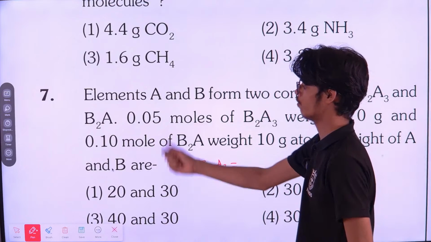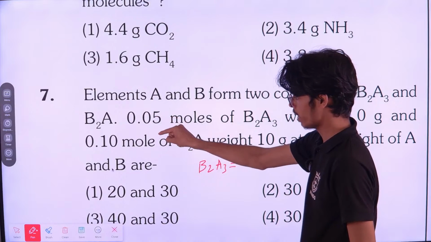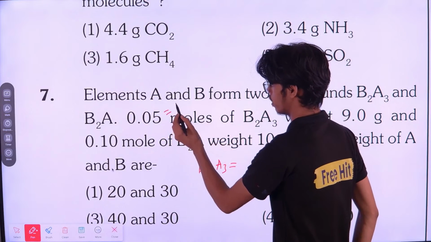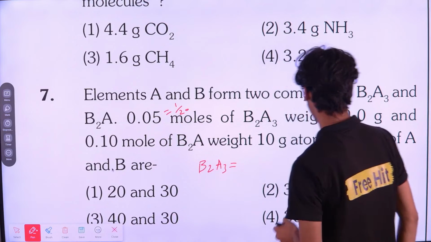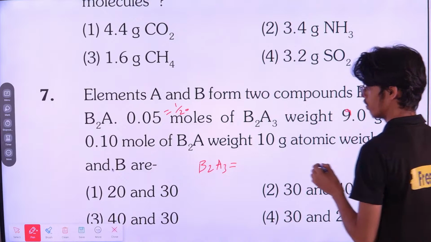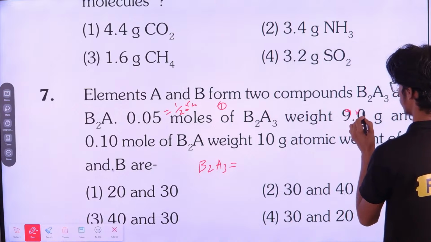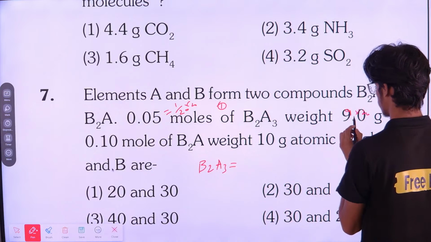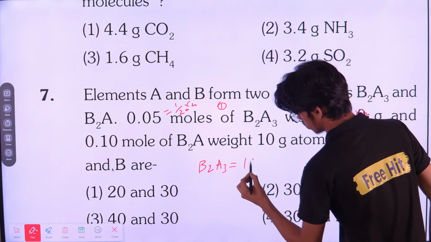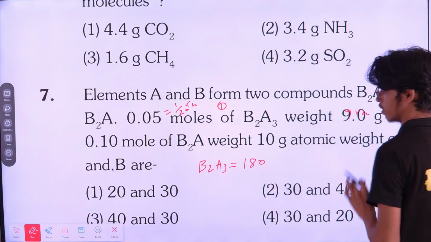Then what is the weight of 1 mole? 0.05 is 1 by 20, right? So if I want to find 1 mole, I have to multiply both of the terms by 20. Just the unitary method, that's it. 9 times 20 is 180. So this is the mass of B2A3, got it?